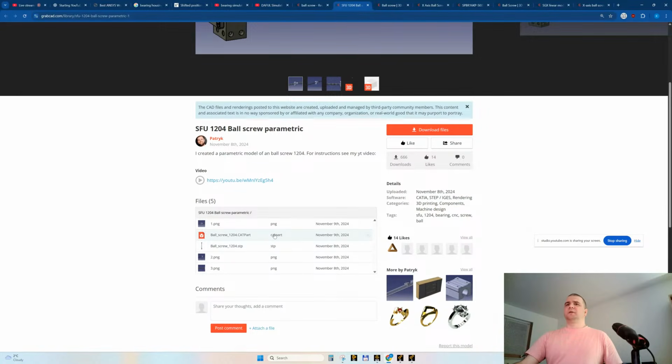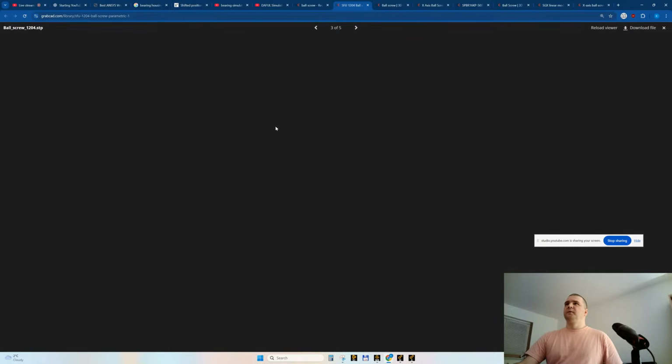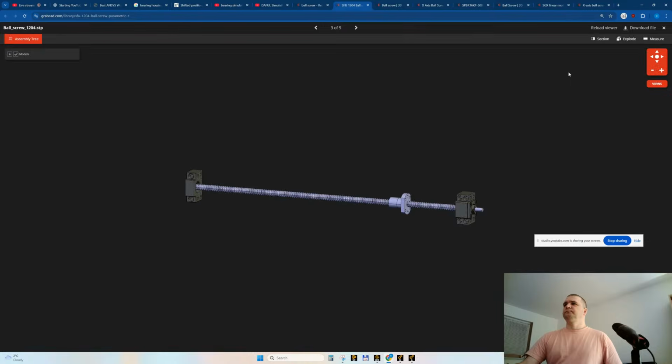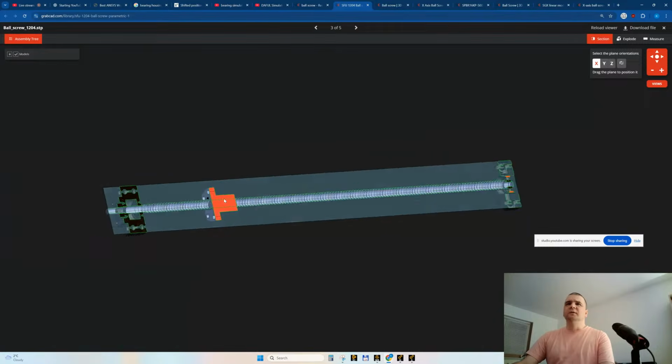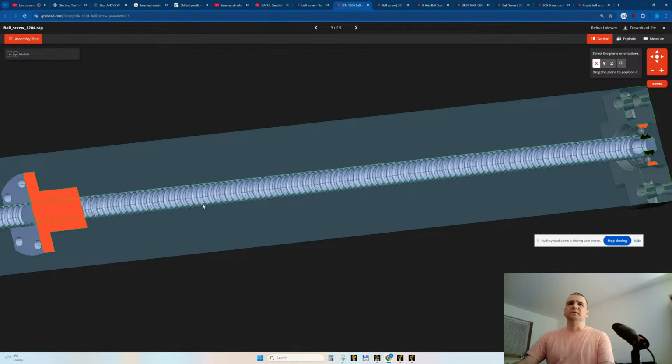Cut part. How can you make a cut part from an assembly? All right, so section view. Do we have the balls? No, nothing. Come on.